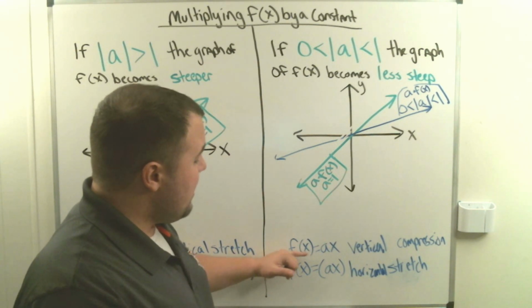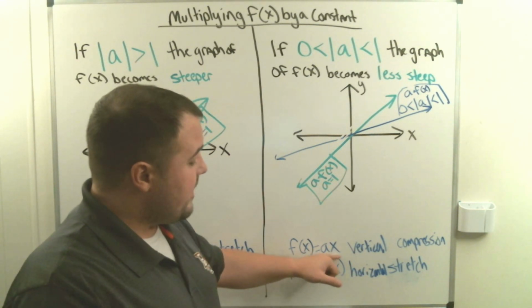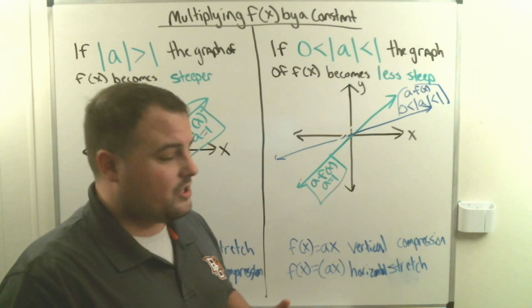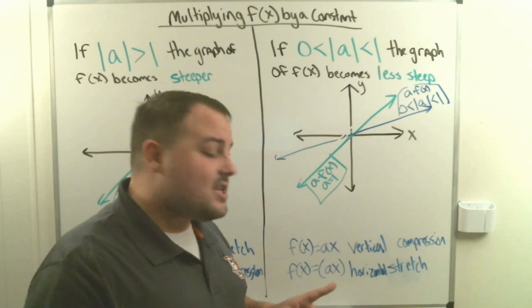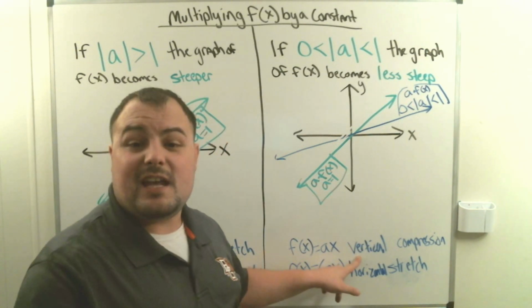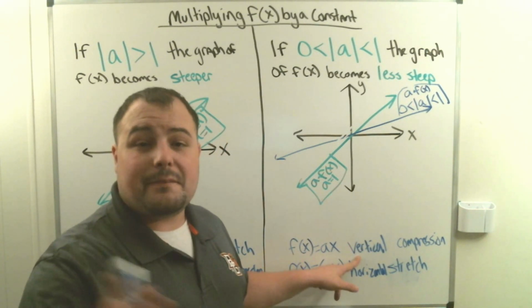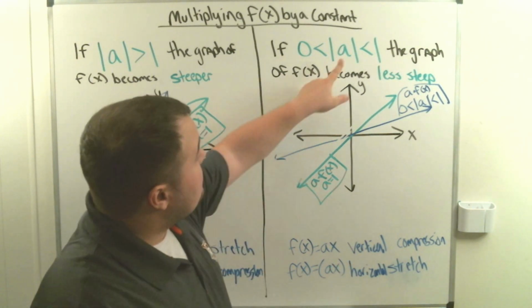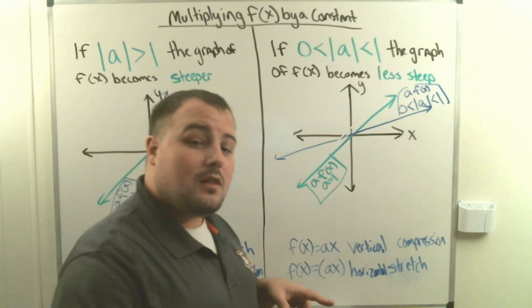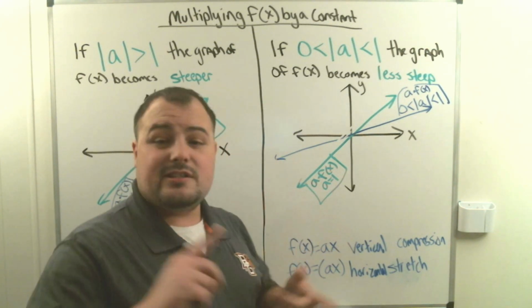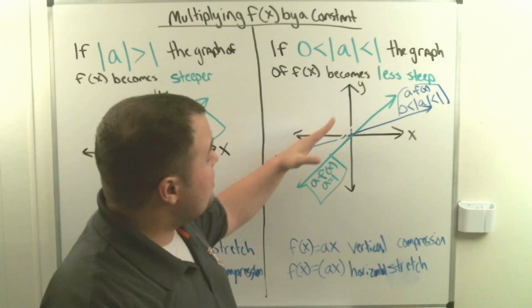So here it says f of x equals ax, and that's a vertical compression. So this a is outside parentheses, and if it's outside parentheses, we need to remind ourselves that that's vertical. Vertical is something that happens outside. So the number is between 0 and 1. It's bigger than 0, less than 1, and as long as it's a decimal or a fraction, it's going to get less steep.